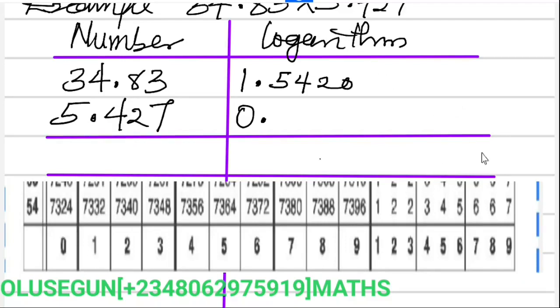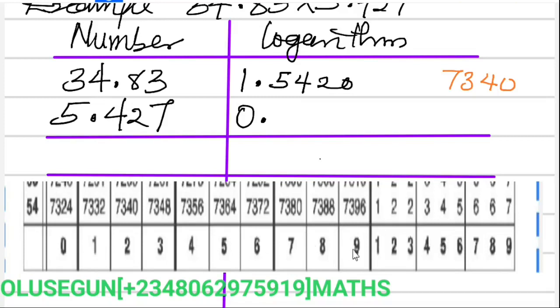Let's have a rough work: 7340. Now difference 7.